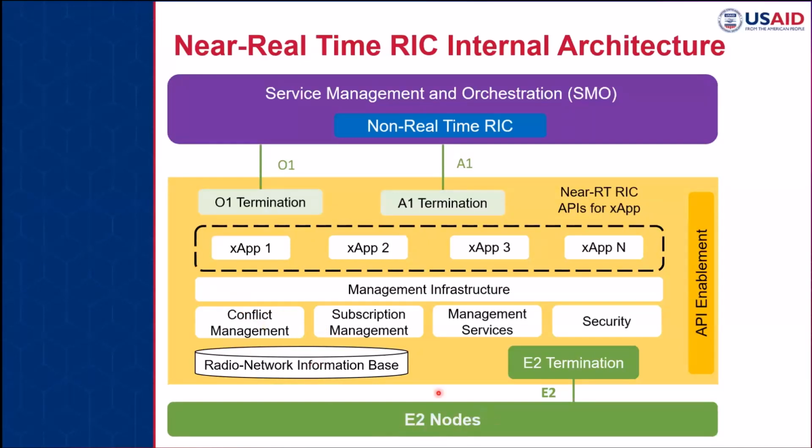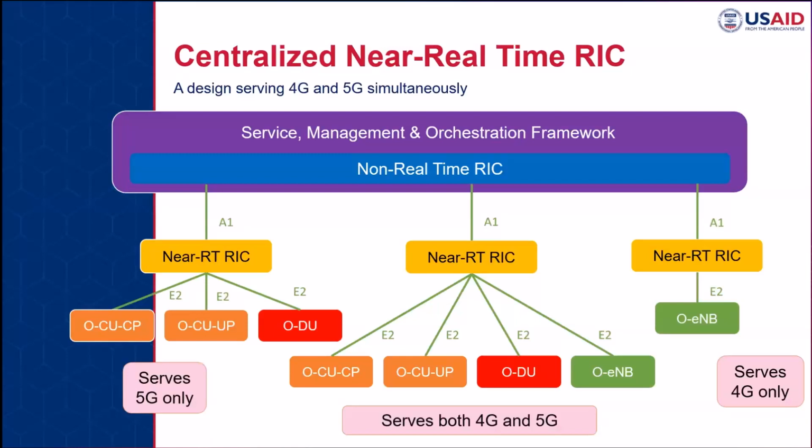Then we have the radio network information base. These are additional information used by the non-real-time RIC and near real-time RIC for these functionalities. And the E2 termination goes to the E2 nodes. You can deploy it in a distributed manner. These are designed to serve 4G and 5G simultaneously.